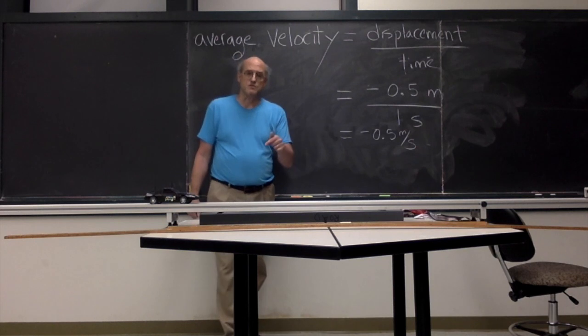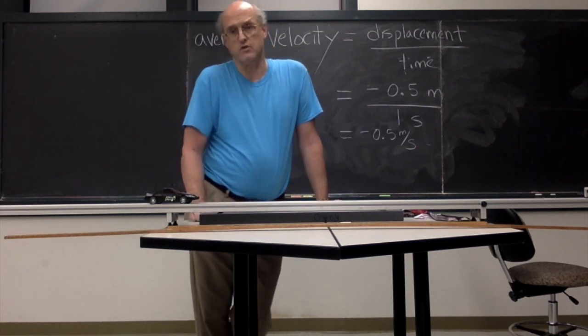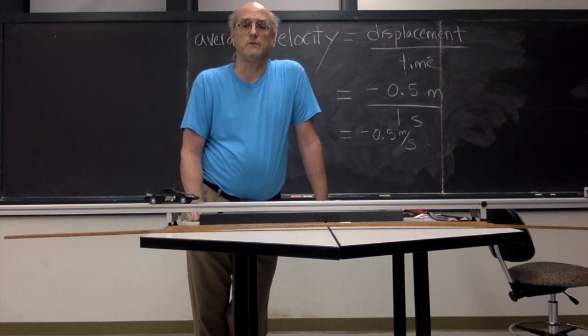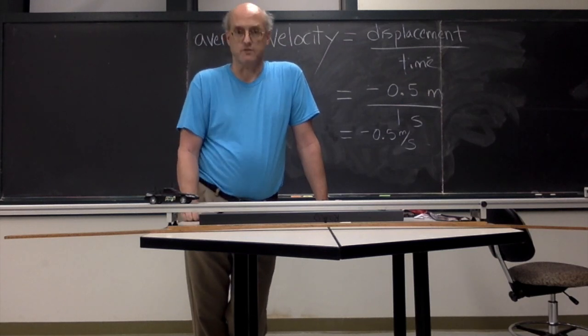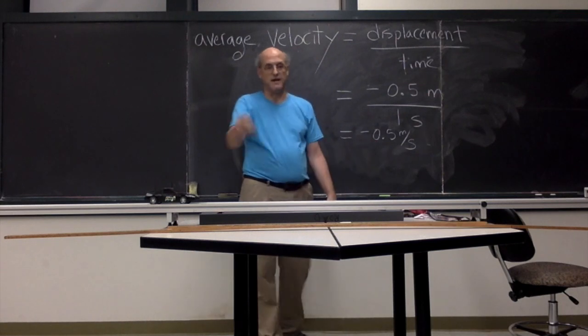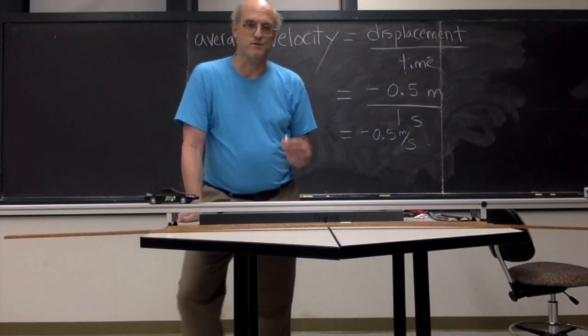So the average speed would be 1.5 meters per second. No direction, okay, just 1.5 meters per second. Whereas the average velocity for that last example is -0.5 meters per second.